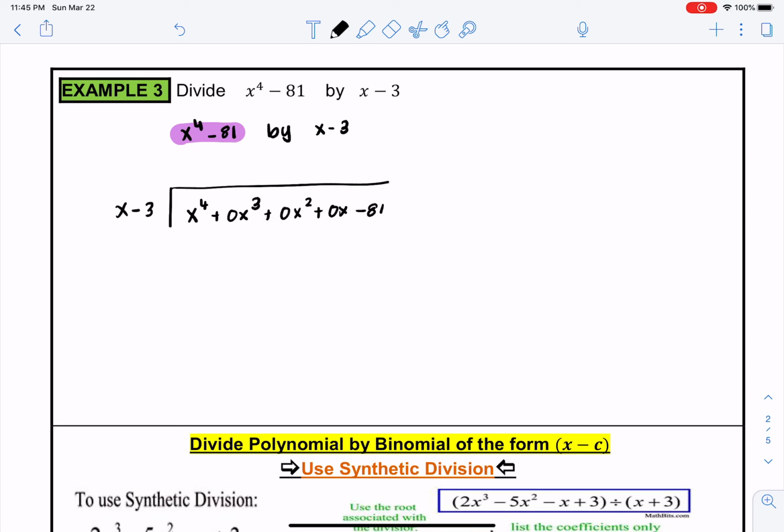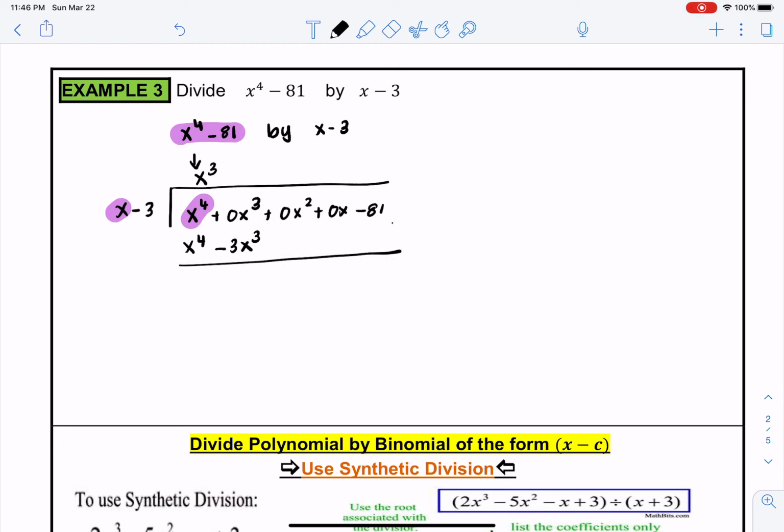So I have to multiply by an expression over here with x so that I get rid of that term. So if I multiply x by x cubed, I would get x raised to 4. And negative 3 times x cubed is negative 3x cubed.